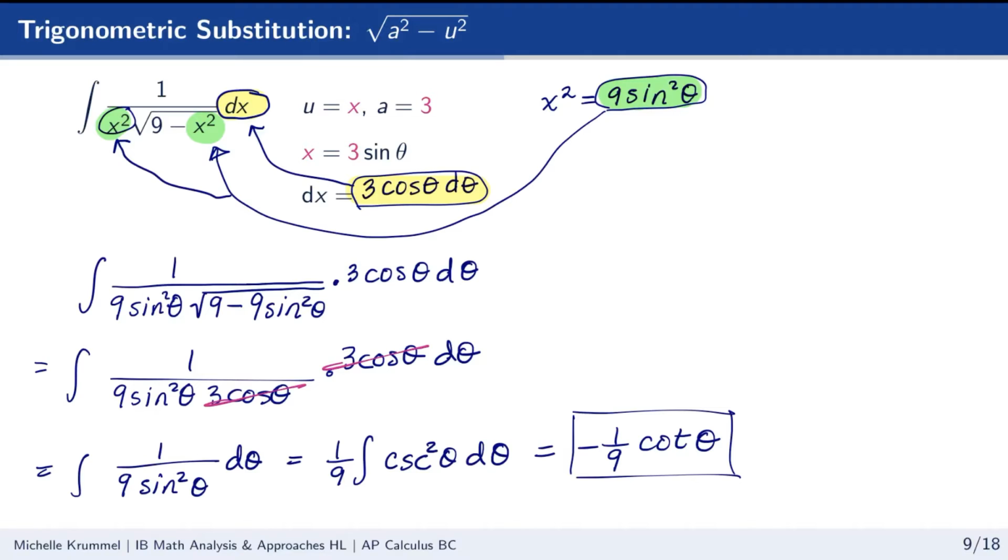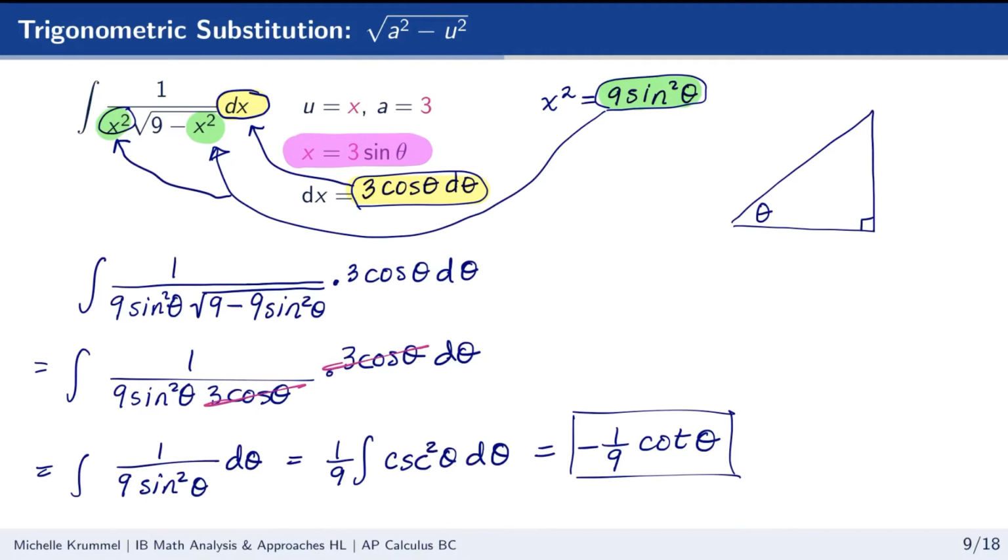So at this stage, when you need to do the reverse substitution, I don't recommend trying to solve for theta. I recommend just drawing yourself a right triangle so you understand the relationship between x and theta here. Go ahead and label your angle theta, and then look at your substitution that you originally made.